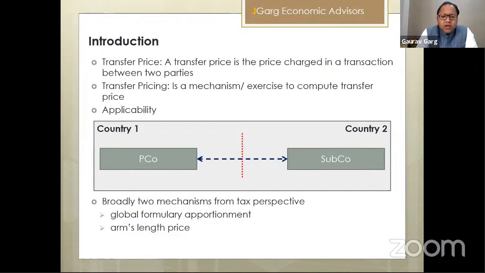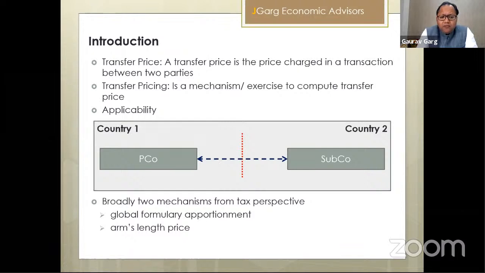One is the global formulary apportionment approach, and the second is the arm's length price approach. As you all know, most of the countries, or almost all the countries, follow the arm's length price approach. But it is equally important to understand the global formulary apportionment approach before we move on to the arm's length price approach.